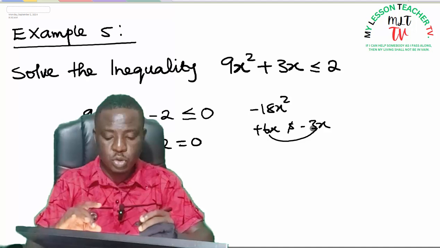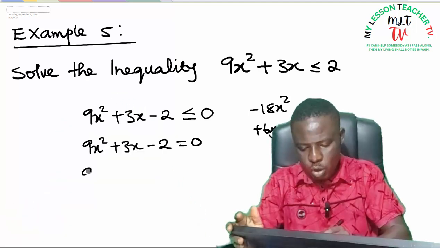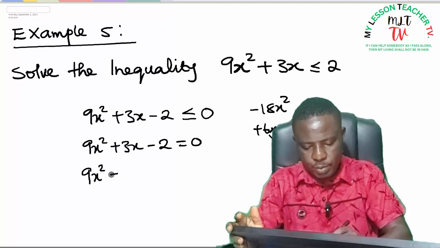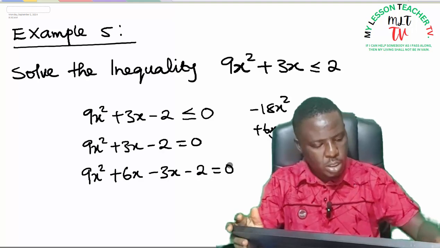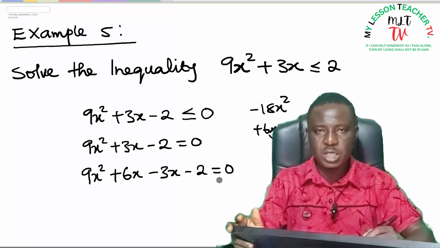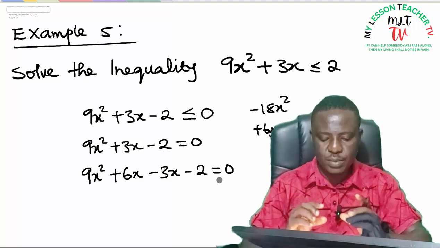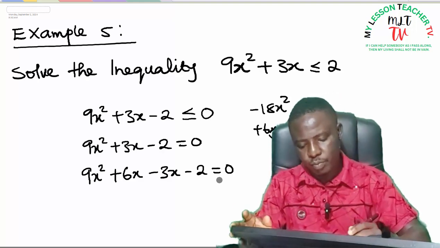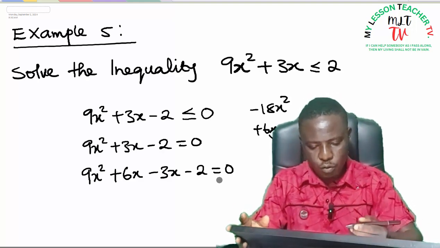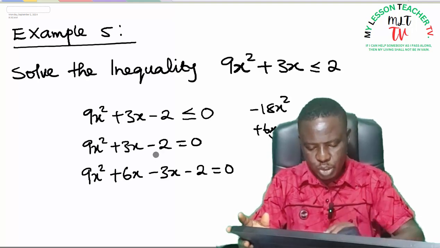So you substitute the middle term with these two factors you have gotten. So this becomes 9x squared plus 6x minus 3x minus 2 is equal to 0. The essence of substituting is to change it from a 3-term expression to a 4-term expression so that we can then factorize in 2's, which we were unable to do when it was a 3-term expression.